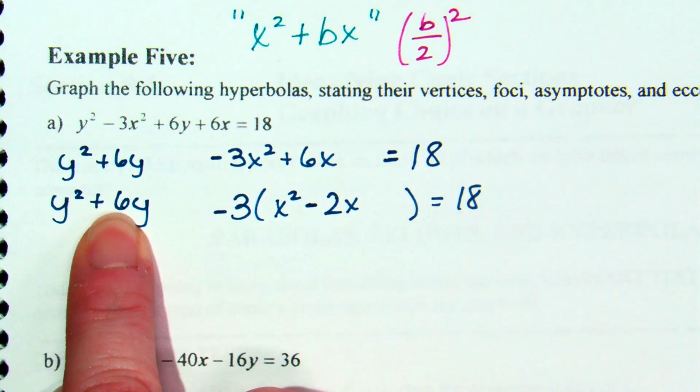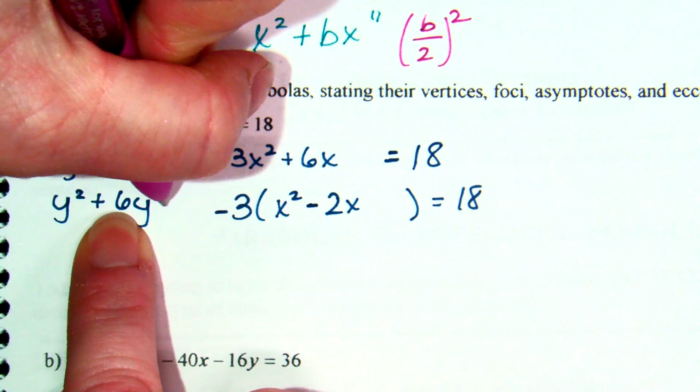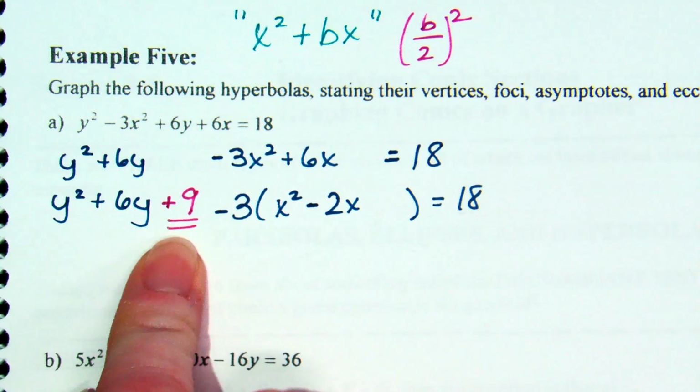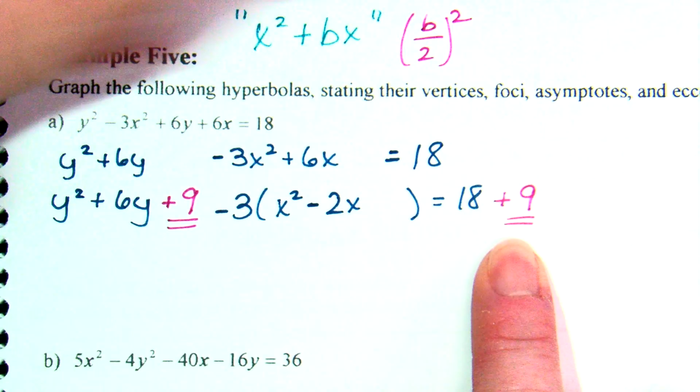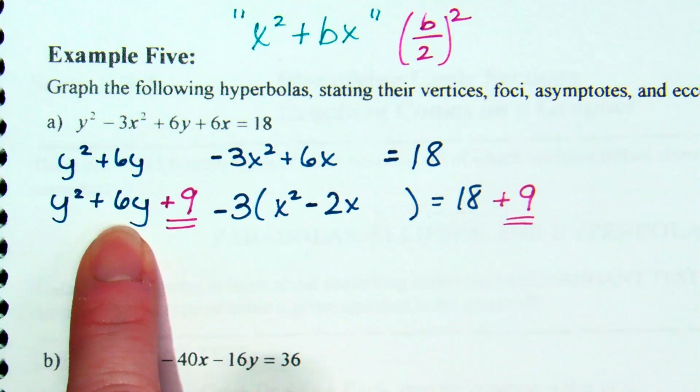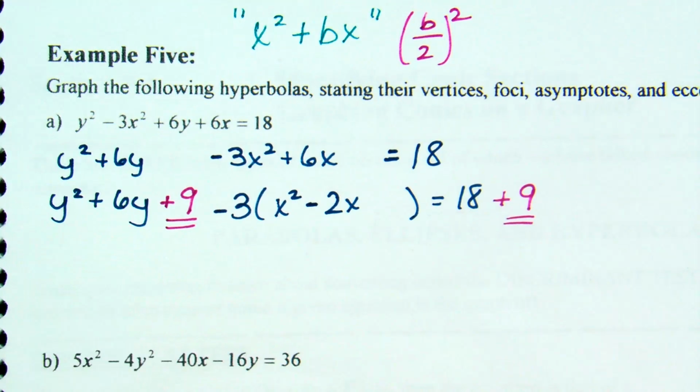What do I do? Add 9. If I add 9 here on the left, I add 9 here on the right. And because this is just a plain old y squared plus 6y, it's just a plain 9 we're adding on both sides. Okay. In my x's, what is b?